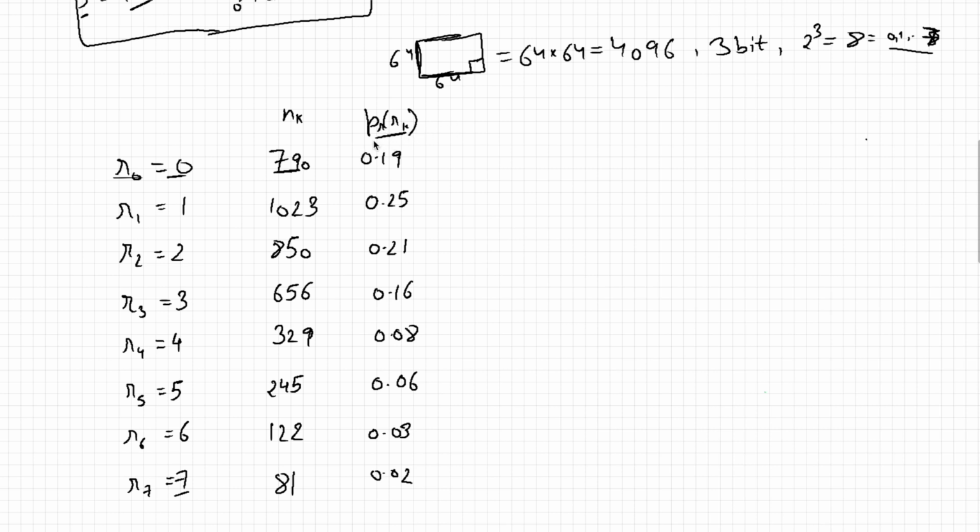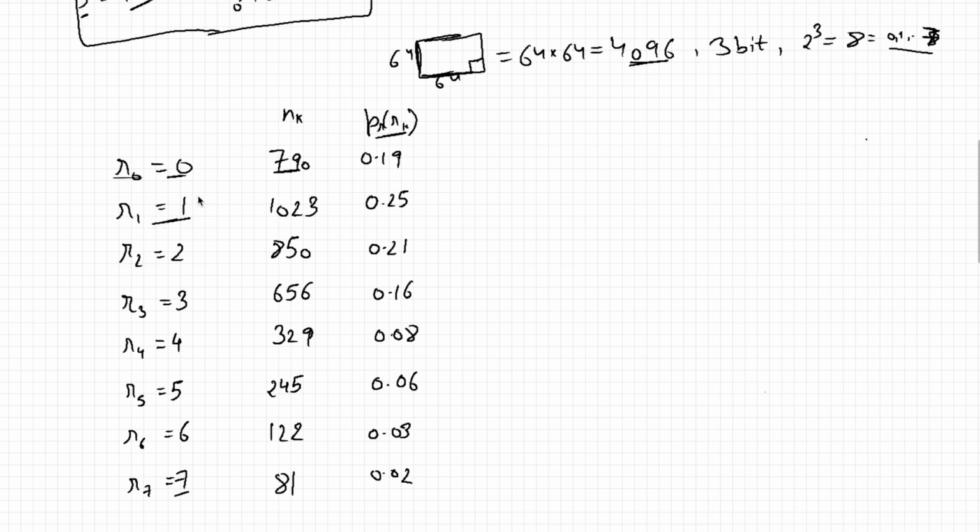The next thing is we calculate P of R of k. What does this mean? It is the probability that a given pixel is 0, and how do we do that? Just 790 divided by the total number of pixels, which we have calculated here to be 4096. So it will be 790 divided by 4096, 1023 divided by 4096, which gives us the probability that any given pixel is 1.